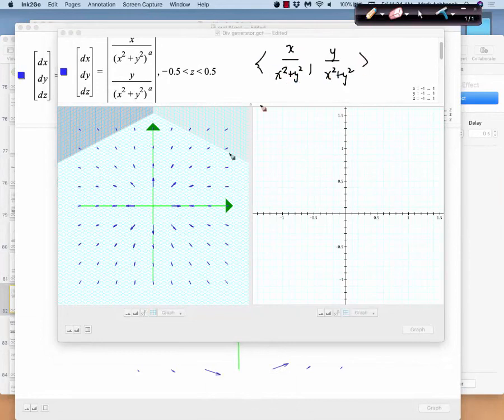Now I'm showing you that in this picture right here. Expansion is positive divergence, contraction is negative divergence. Is the divergence here positive, negative, zero? What do you think? Positive. Why positive? Because it's moving outward.